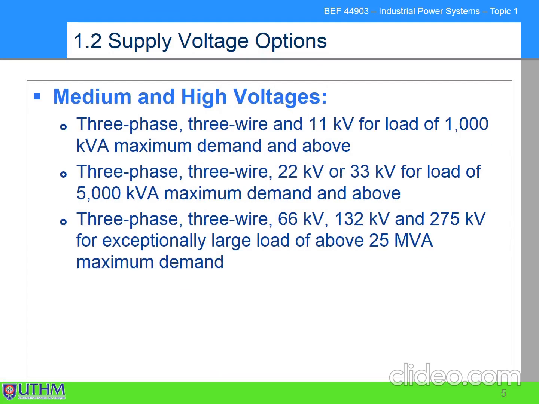We can see that the previous load is 3000 something, and that load falls in this range. So that's why we select the voltage of 11 kV, because the load for 11 kV is 1000 kVA maximum demand and above, but below 4999 kVA.